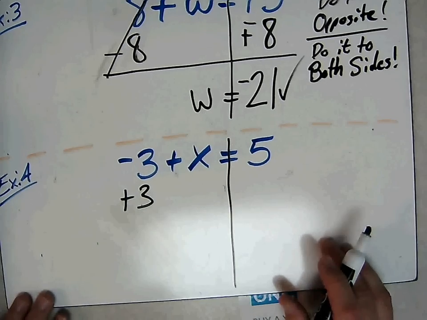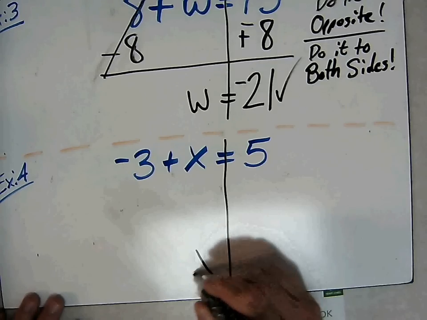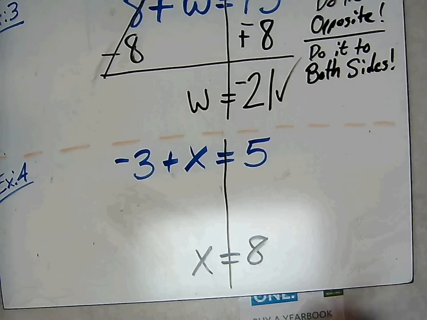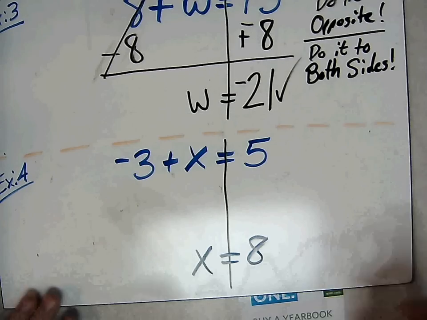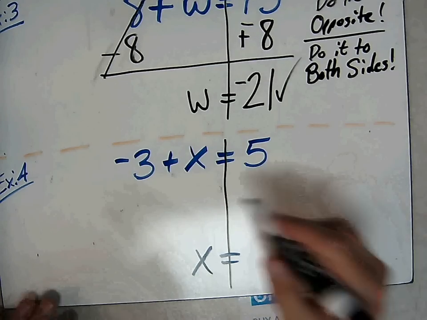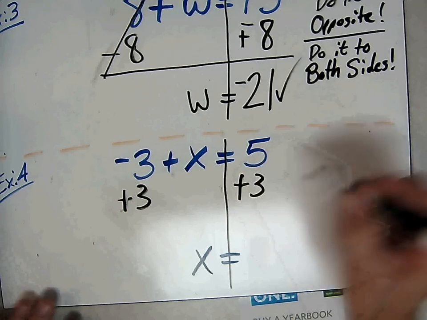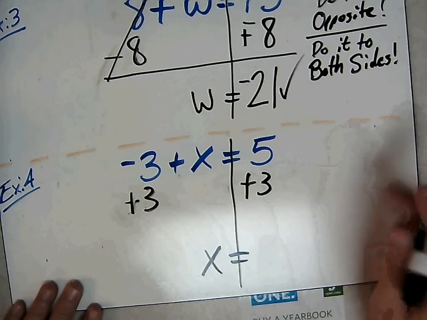Remember, even if you can do it in your head, that would be the answer, but we can't do that because we have to show your steps. Roar. Or you'll get attacked. So we have to add 3, which is do the opposite, and we have to do it on both sides so it balances.